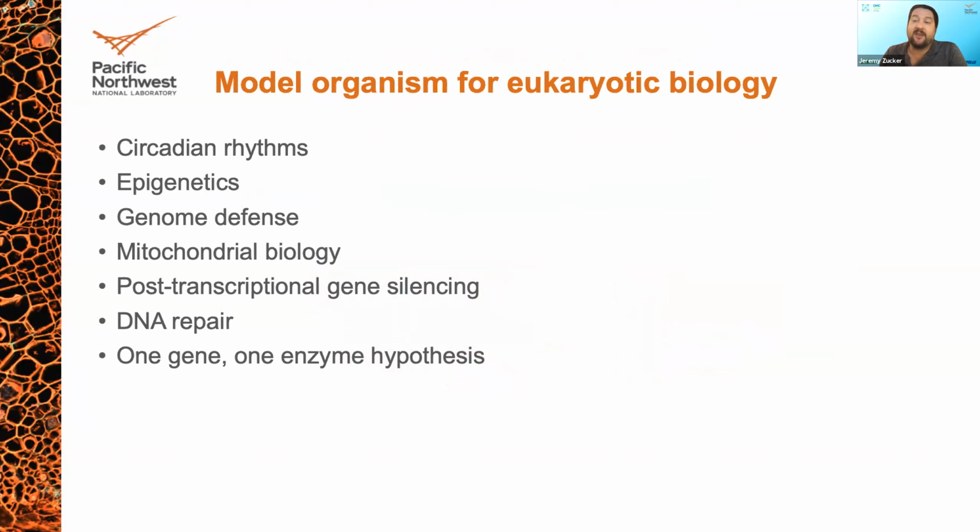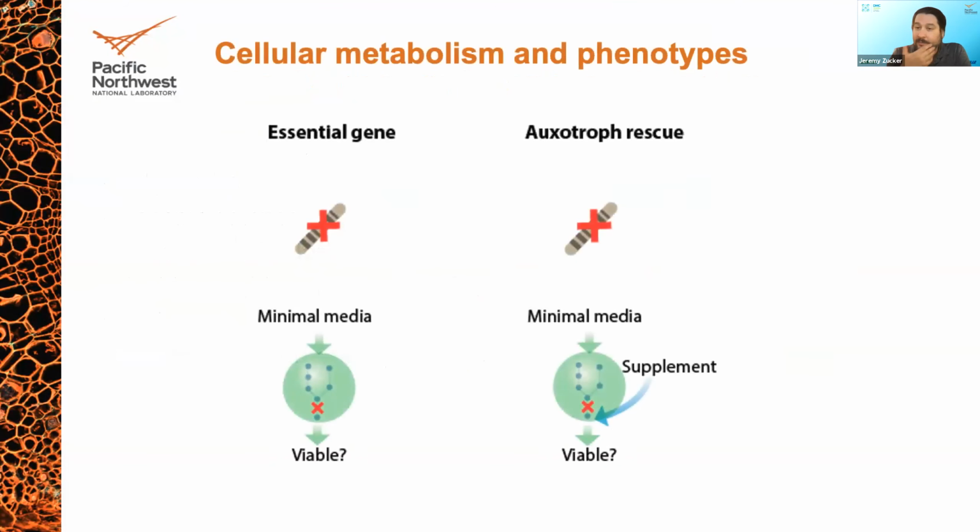Most famously, work in the 1940s by Beadle and Tatum led to the Nobel Prize-winning one gene, one enzyme hypothesis that established the fundamental link between genes and proteins in all organisms. Work on Neurospora thus paved the way for modern genetics and molecular biology.